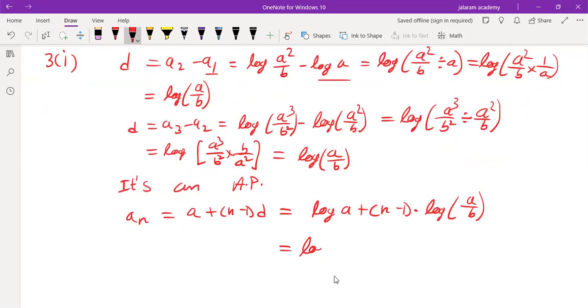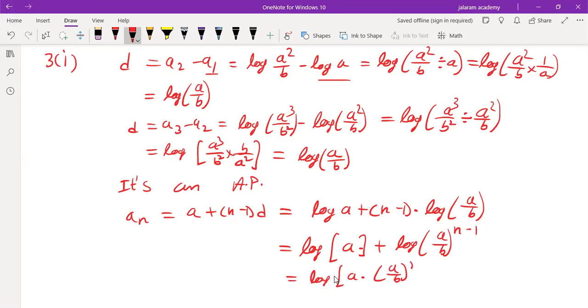Equals log a, now this n minus 1. What should we do with this? First, we transfer it to the power. Now we can use log a plus log b, which is log a into b.